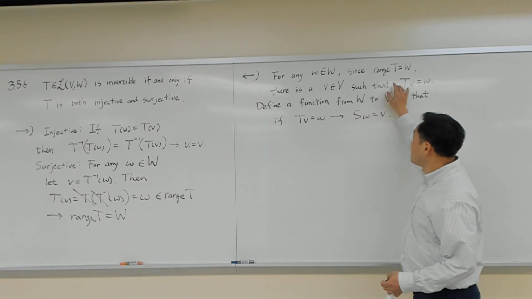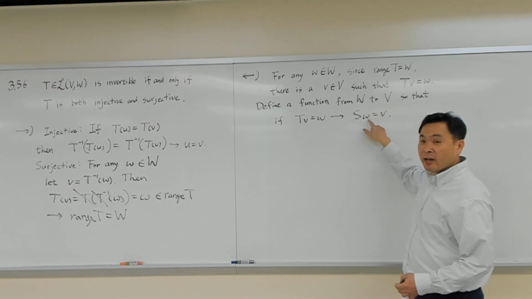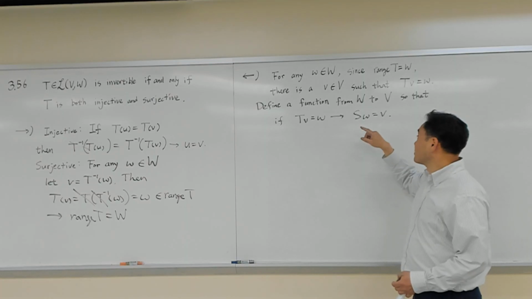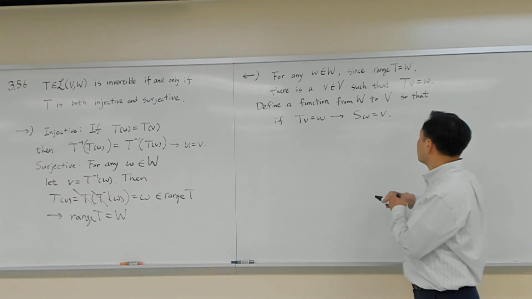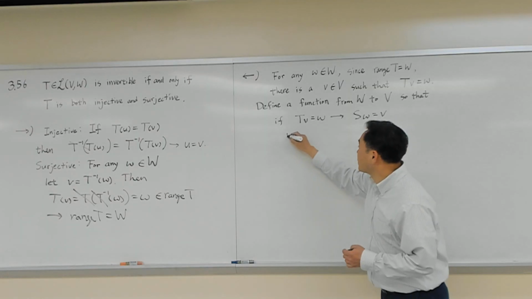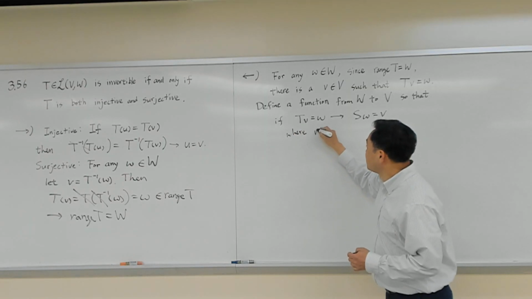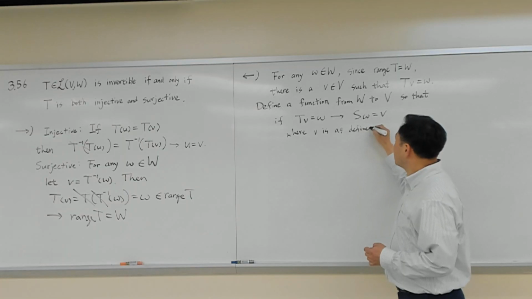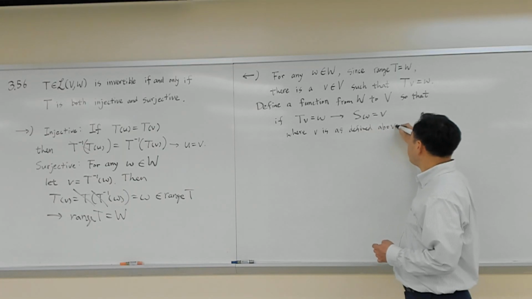This argument above shows that for any w in W, you have such a v, right? So S of w equals v, where v is as defined above.